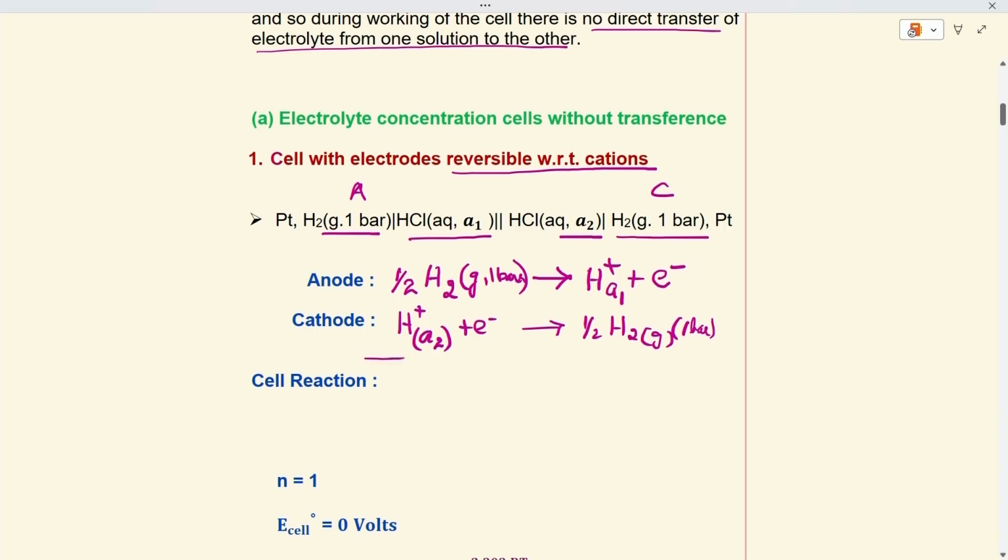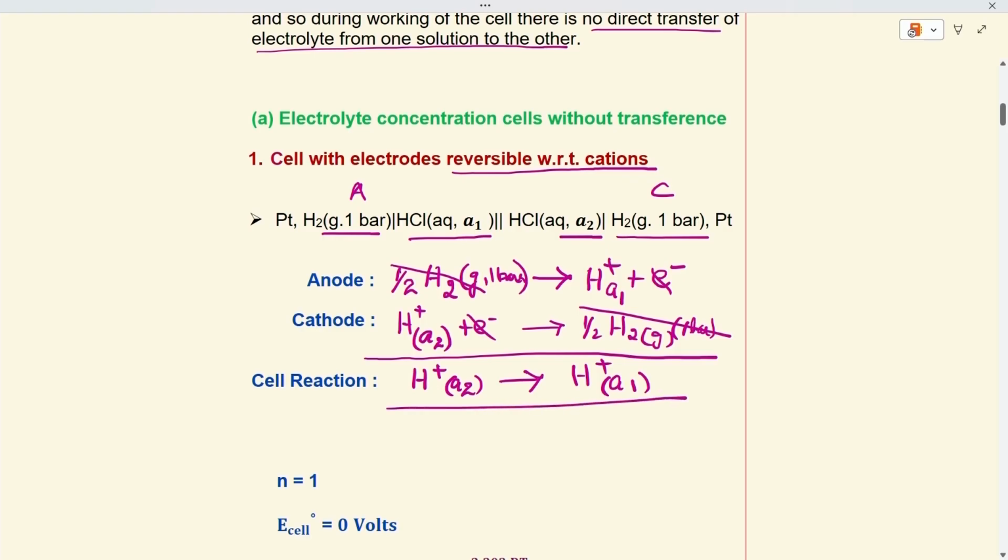Now, I will give the overall reaction. You can cancel these two because they are hydrogen gas at the same pressure, and the electrons are cancelled, and we get the expression as hydrogen ions at A2 activity getting transferred to hydrogen ions of activity A1.